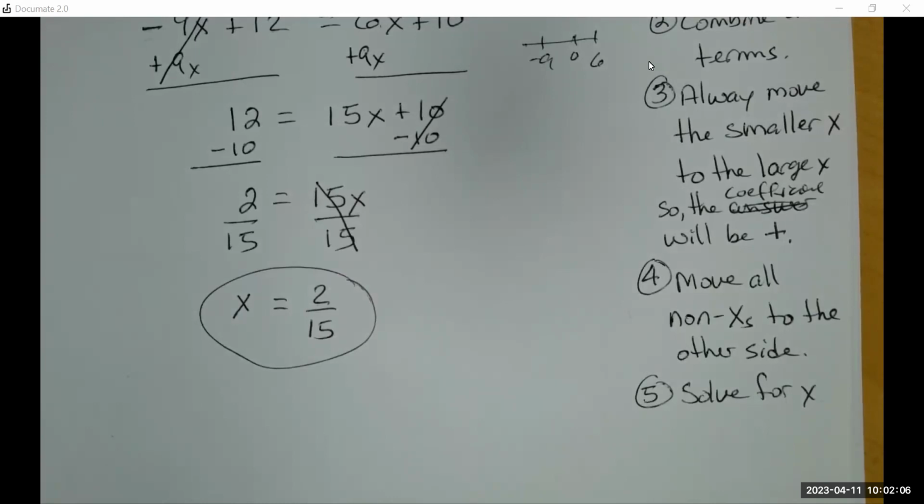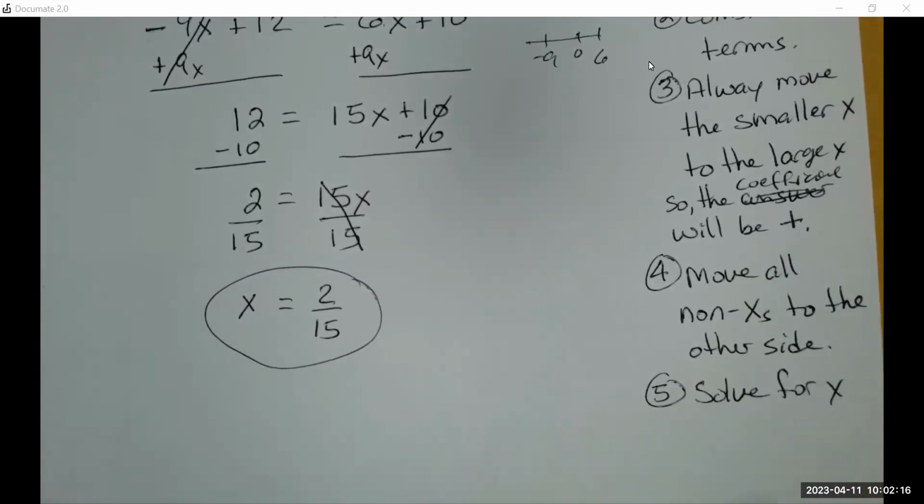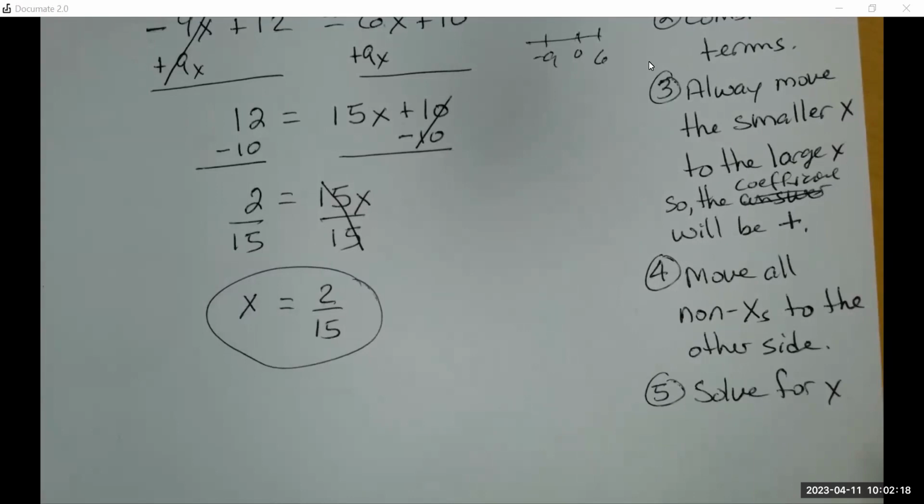So far, so good? Yes, you could check your answer. I'm not, but you can. So always, whenever you have parentheses, get rid of parentheses first, combine like terms, move the smaller x to the larger. It's always the same procedure.